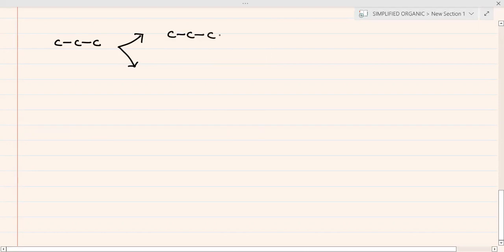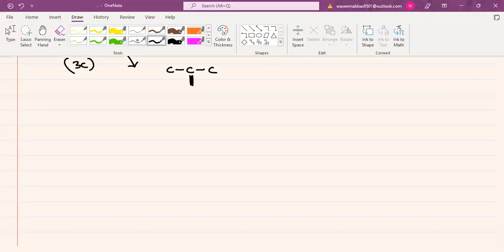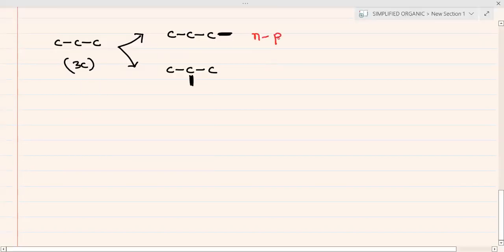One branch can be from here, or the other branch can be from here. There are two possibilities for a three carbon member to act as a branch. And as I told you, because this is a normal one, it's called N-propyl.